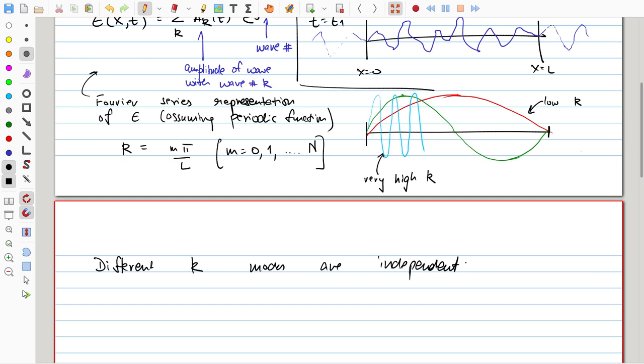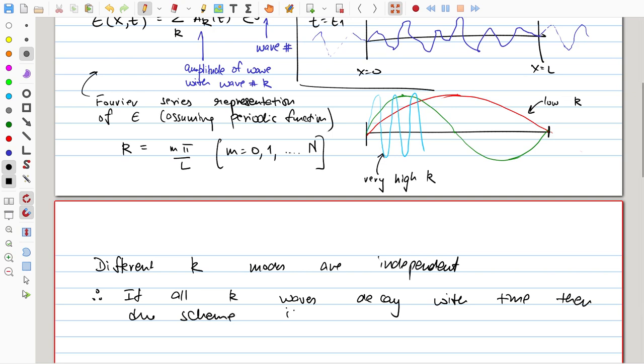Or I can say if all the waves decay with time, then things are good. Right. So this is the main idea now.